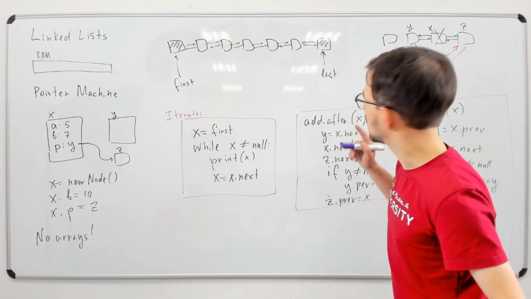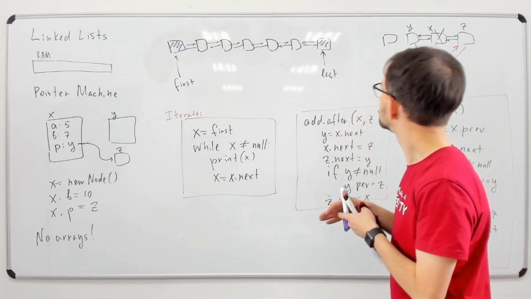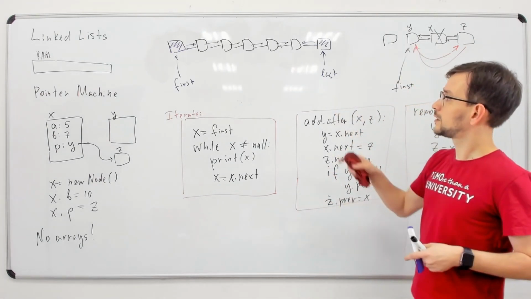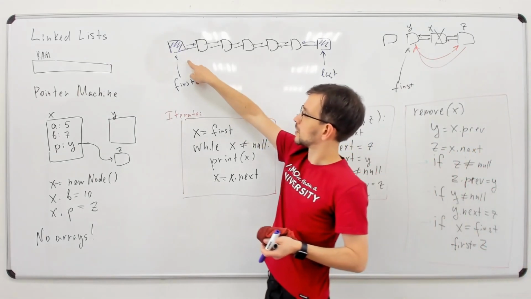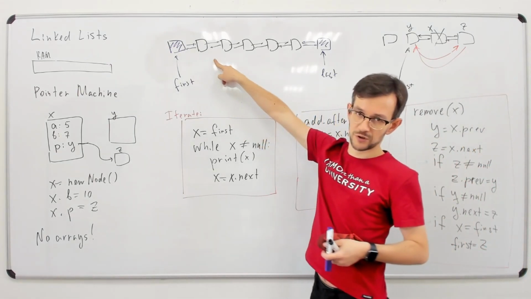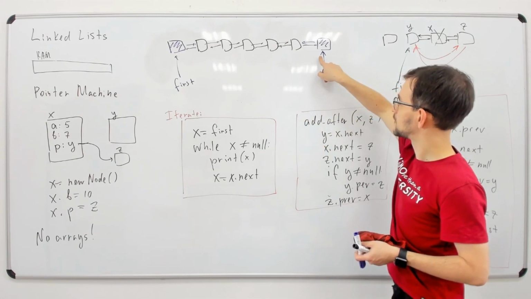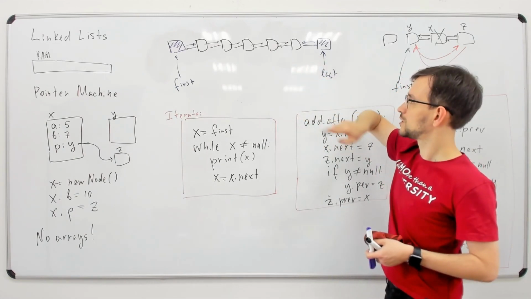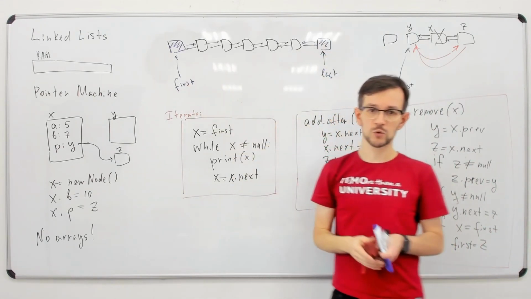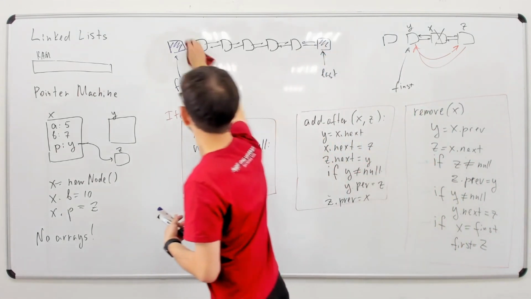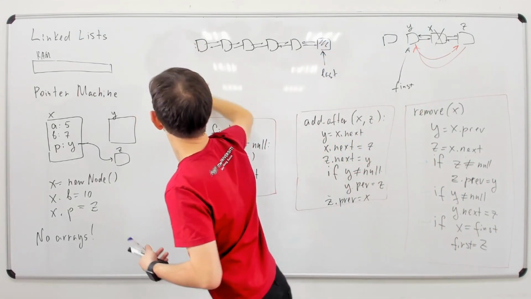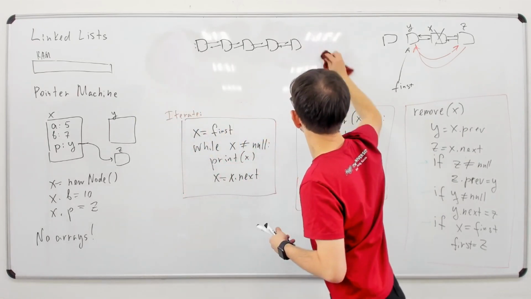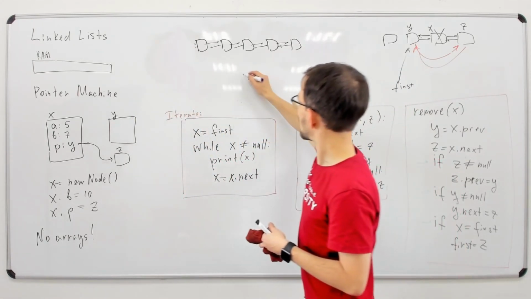You can even make this structure simpler. Let's see. In this first element, we only use the next pointer. And in this last element, we only use the previous pointer. So instead of having these two additional elements, we may have only one additional element. So we may add one extra element here.